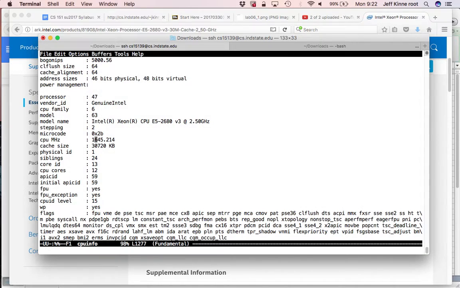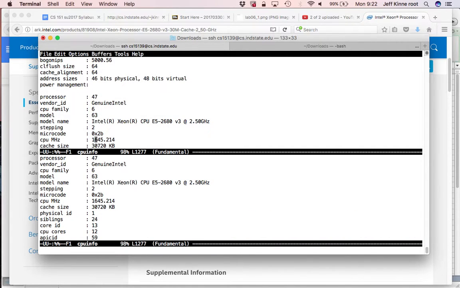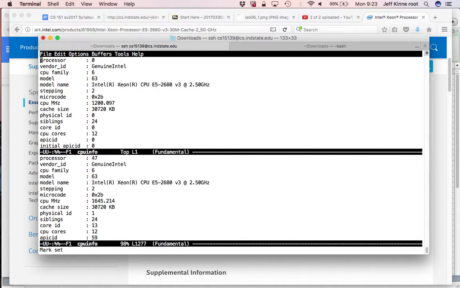I'm going to split my screen here and go back up to the top. So this is showing the first CPU, and this is showing the last entry. So the core ID there is, well, there's two numbers that I'm looking at here. So the physical ID, this is the actual CPU number.